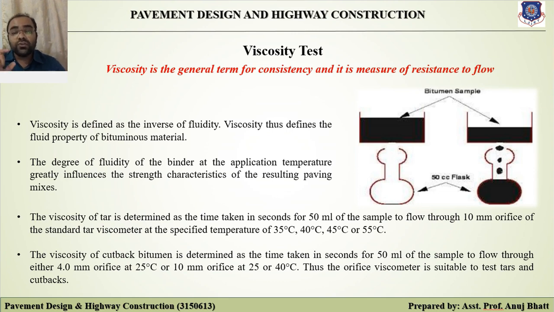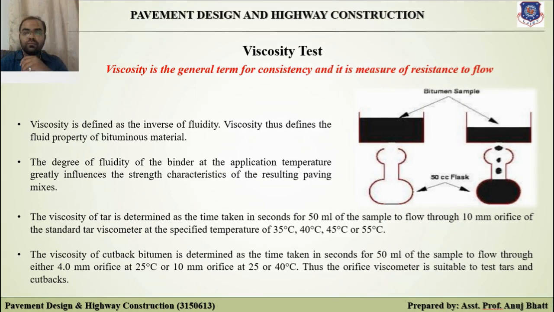If you are using a 4 mm orifice, the viscosity of cutback bitumen is determined as the time taken in seconds for 50 ml of the sample to flow through either a 4 mm orifice at 25 degree temperature or a 10 mm orifice at 25 or 40 degree temperature, and thus the orifice viscometer is suitable to test tar and cutbacks both.